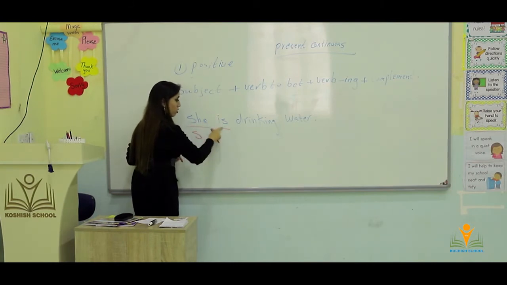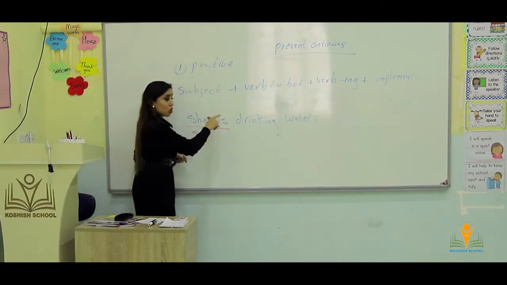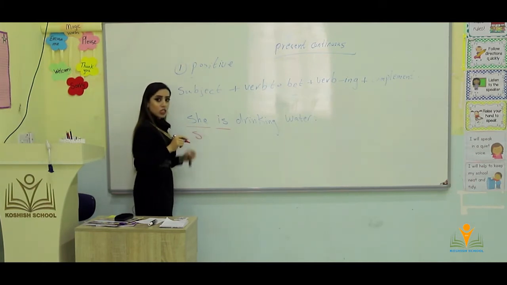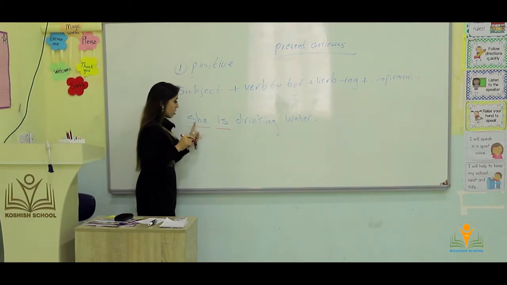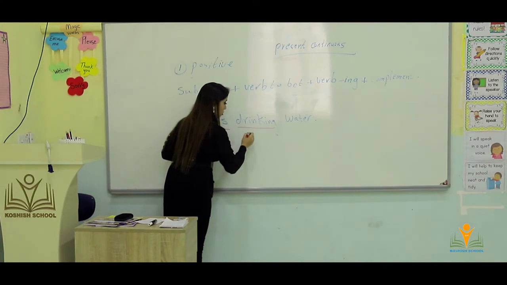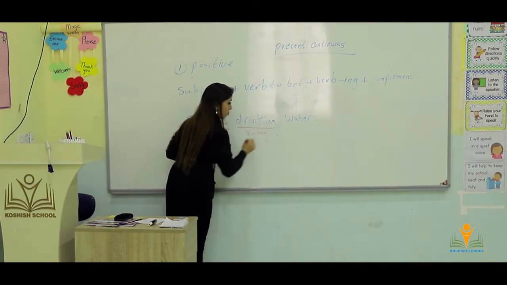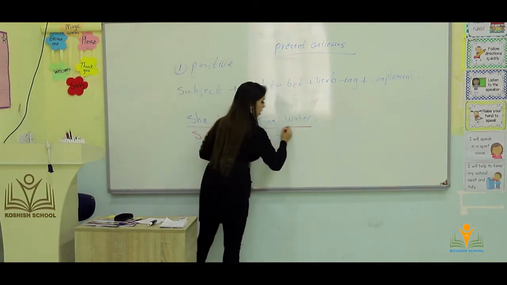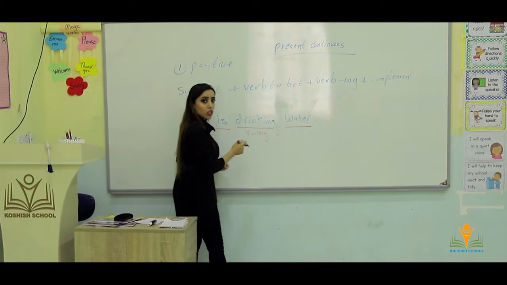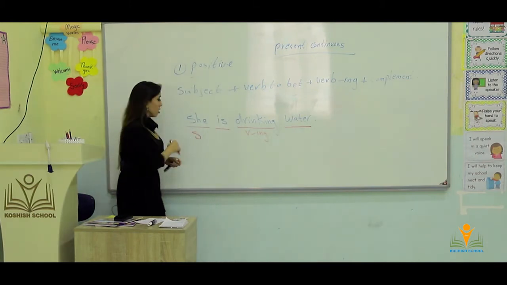And why do we use is instead of am or are? Because she is singular. That's why is goes with she. And drinking, we have here verb with ing. Water, here is the complement, the extra information about the subject.